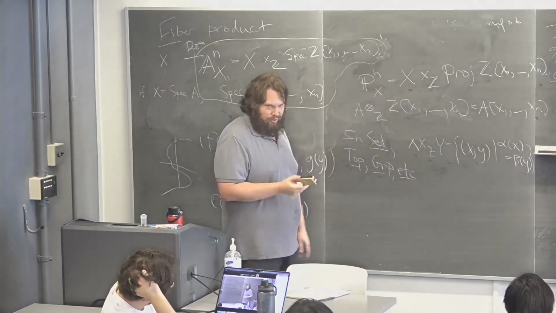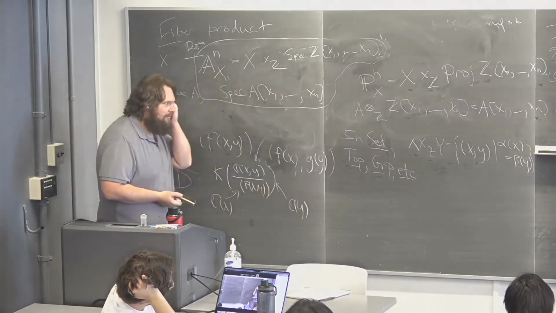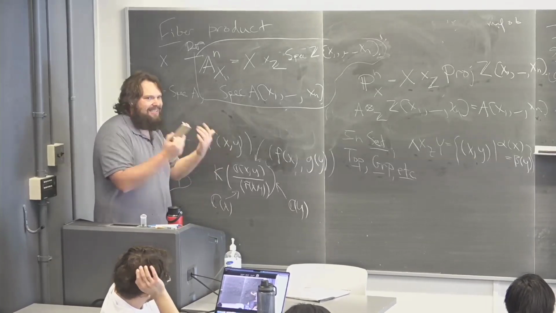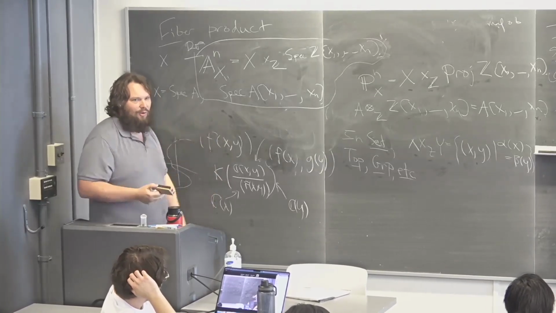Every ring is a Z-algebra in a canonical way. And so I can think of every scheme as a Spec Z scheme in a canonical way.